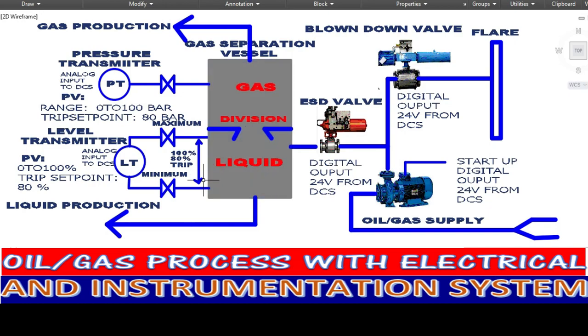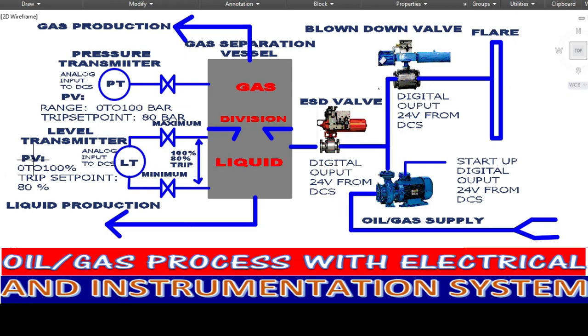Here in the bottom side, there is the liquid. That's why the instrumentation also provides a level transmitter, which is this one. The process value of this level transmitter is 0 to 100% level. Here, as you can see, this is the tapping point of the level transmitter. This is the transmitter, and this is the minimum tapping point. Between the minimum and maximum is 100% level.